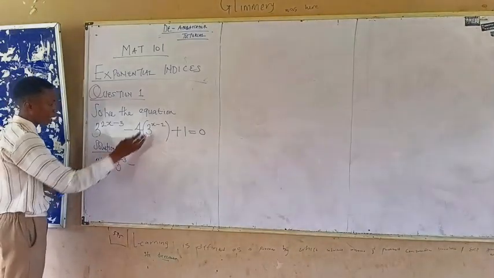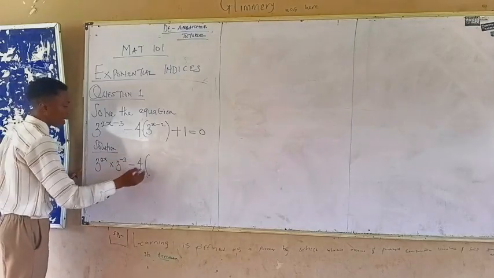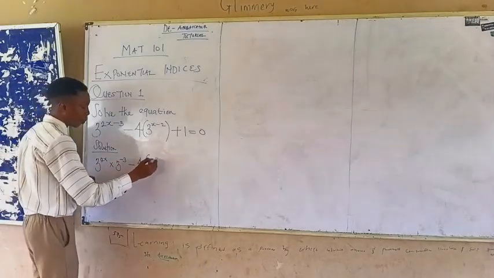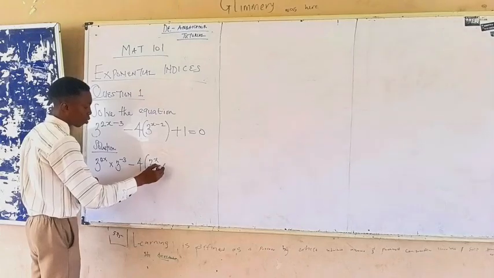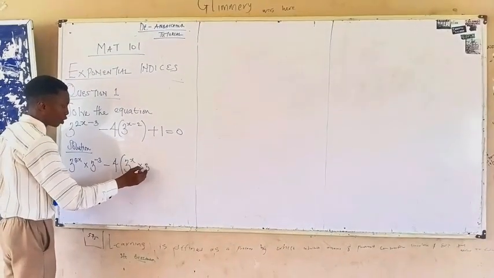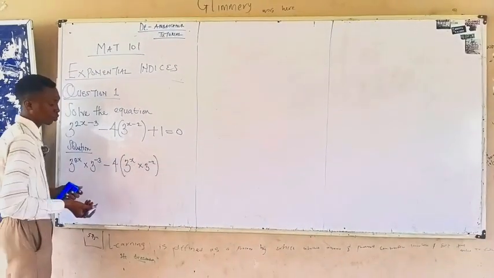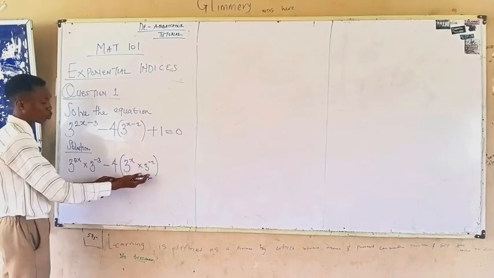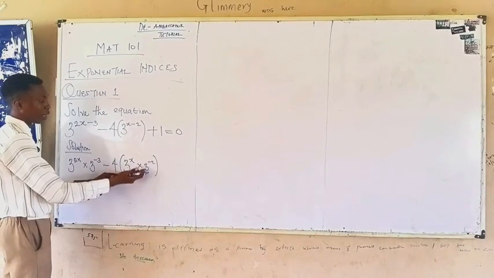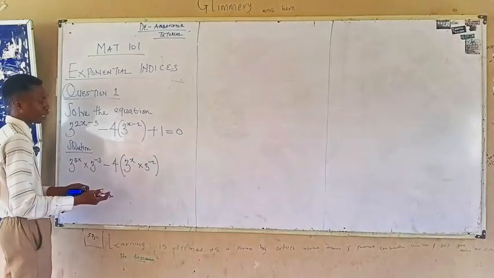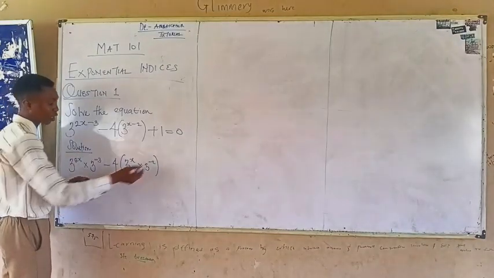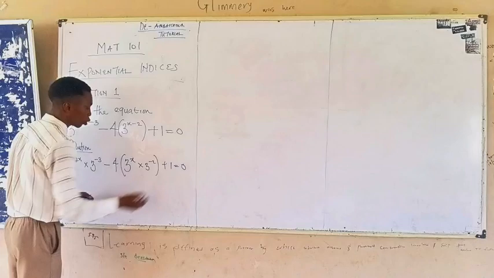The same thing I apply to what I have over there: 3 to the power of x multiplied by 3 to the power of minus 2. When I multiply the base and add the power, I arrive back at the same result. Then plus 1 equals 0.